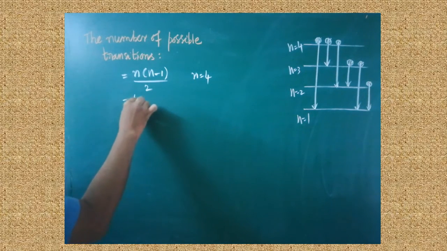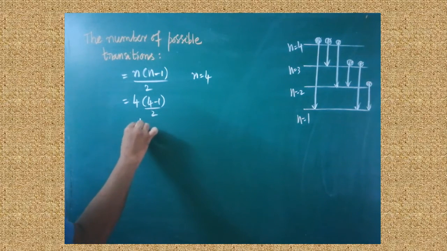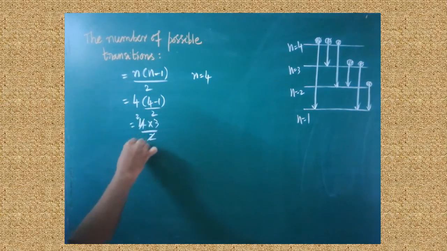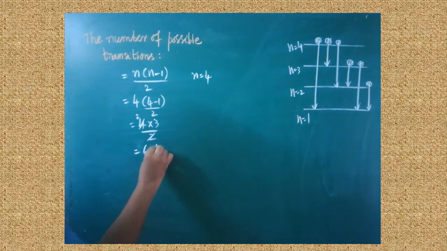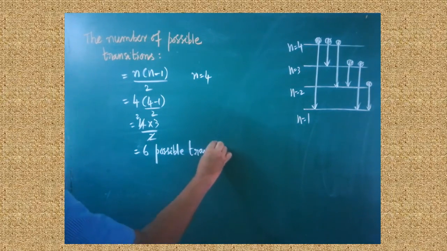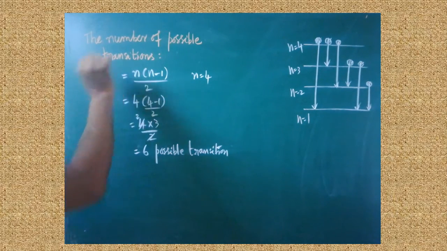Substituting, 4 into 4 minus 1 whole divided by 2, 4 into 3 divided by 2, you will get 6. Therefore, 6 possible transitions are there. So this is the final answer, proved with the help of the formula.